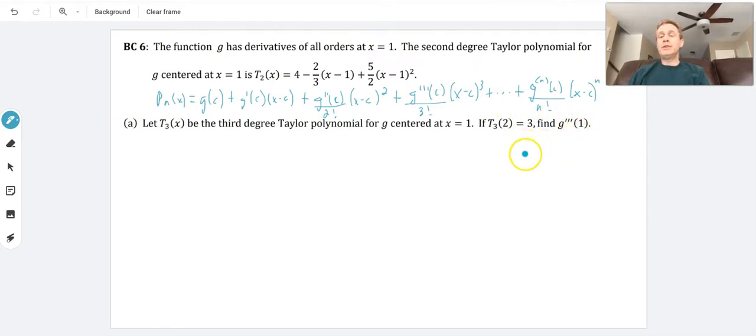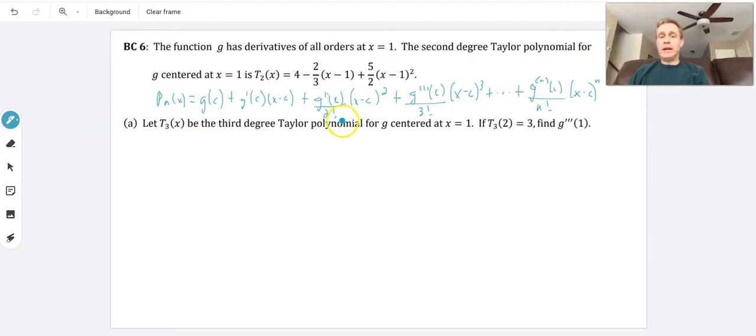So this problem is really just an application of being able to work with your Taylor polynomial formula to solve for this. What I've already done here is written out the basic structure that we use to construct any degree Taylor polynomial.